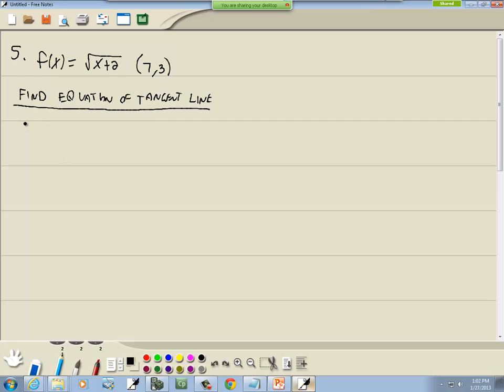Okay. Step 1. Find the derivative. We're going to see in the next chapter or next lesson these derivatives are found a lot easier than doing these 3 sub-steps.